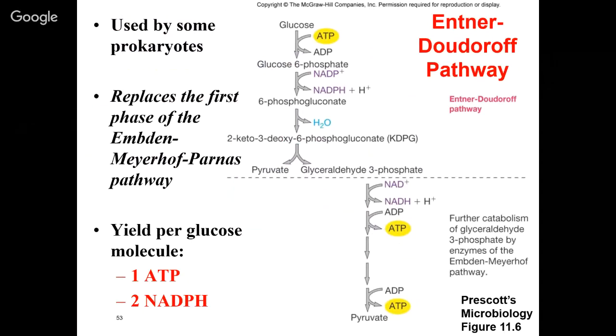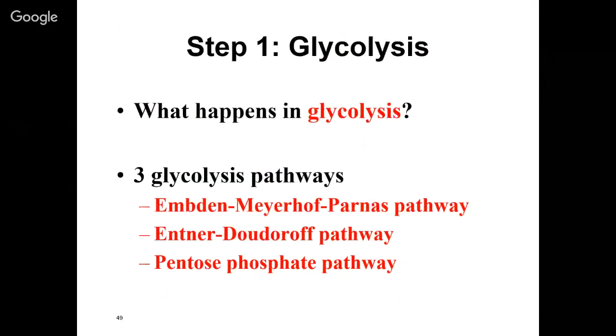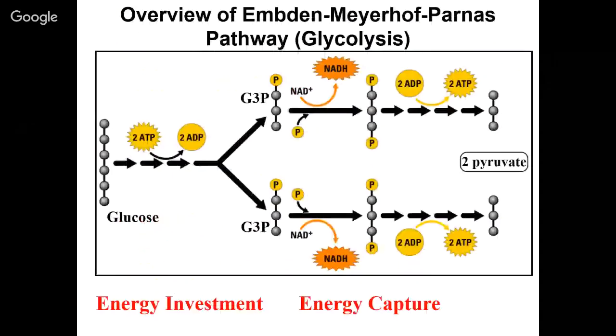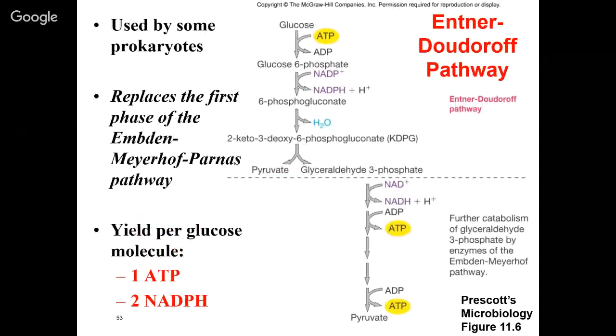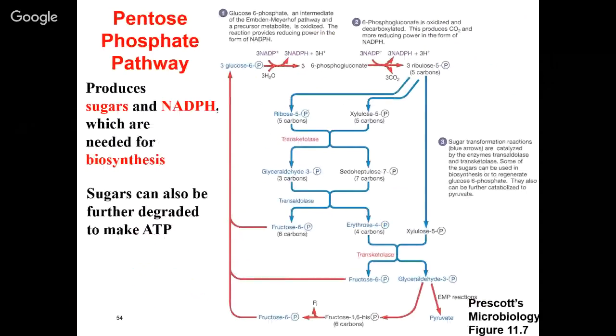So then these other two are just alternate pathways, and this one we're talking about right now is for some prokaryotes, and the other one is, what is the other one for? So let's see if we can find it, because it should talk about it in here somewhere. Here it is. So the pentose phosphate pathway produces sugars and NADPH. And then let's see if it tells us who does this. Because I'm just confused about when we use which one.